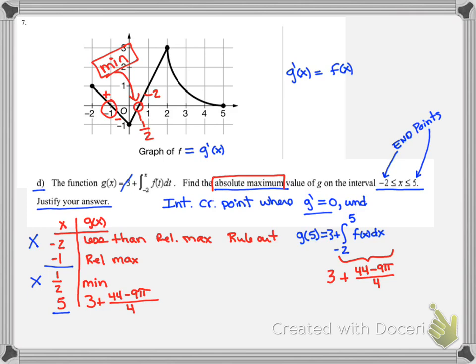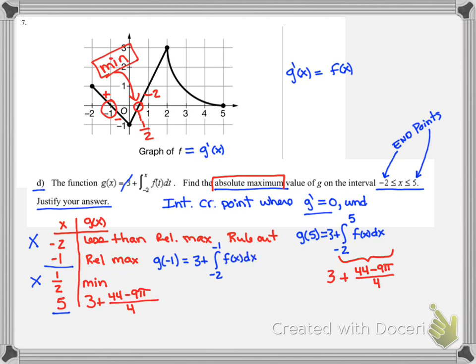Now I just need to look to see what is the value at this relative max at x equals -1. And so we can look there, we're really looking for g of -1 will equal 3 plus the integral from -2 to -1 of f of x dx.